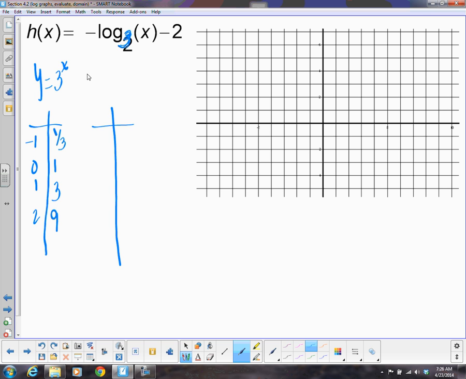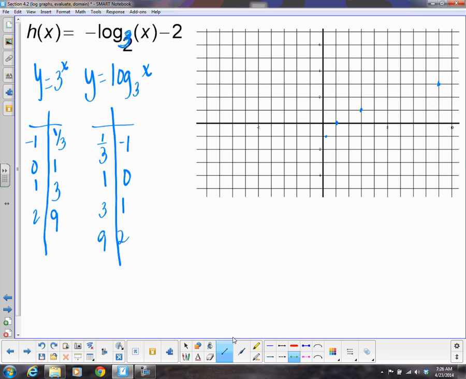What does your parent log function look like? Log base 3 of x. So it's going to be 1/3, negative 1, 1, 0, 3, 1, 9, 2. So now I go over 1/3 down 1, over 1 up none, over 3 up 1, over 9 up 2.